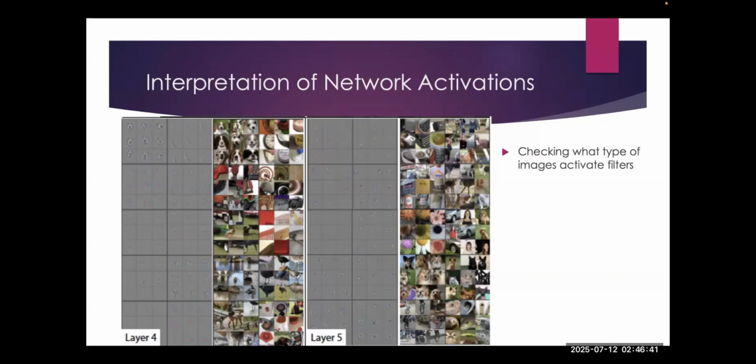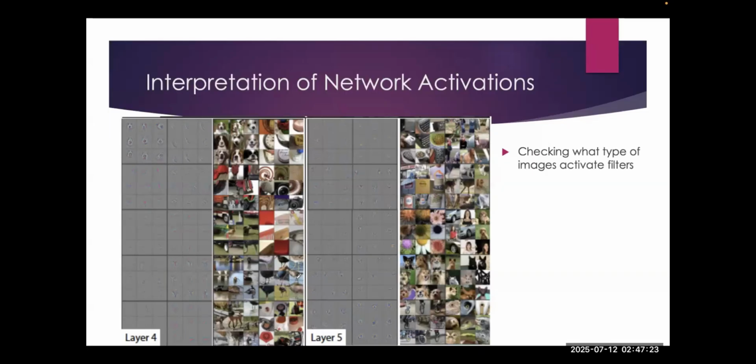Shallower layers, the first layer and the second layer, contained low level information about the image: edges, corners, things like that. And deeper layers, maybe layers 5, 6, 7, 8, contained higher level information that was more specific to an object type present in an image.